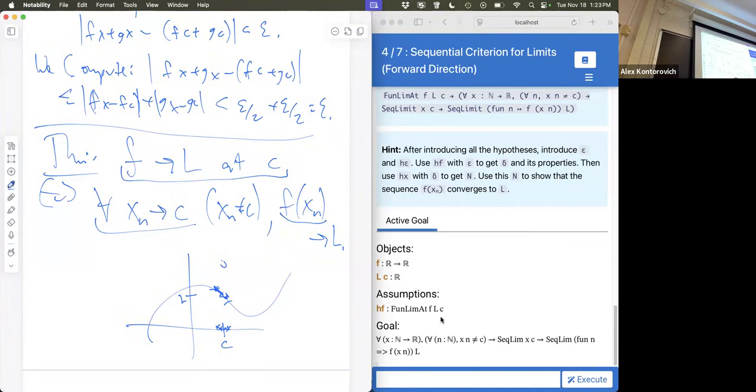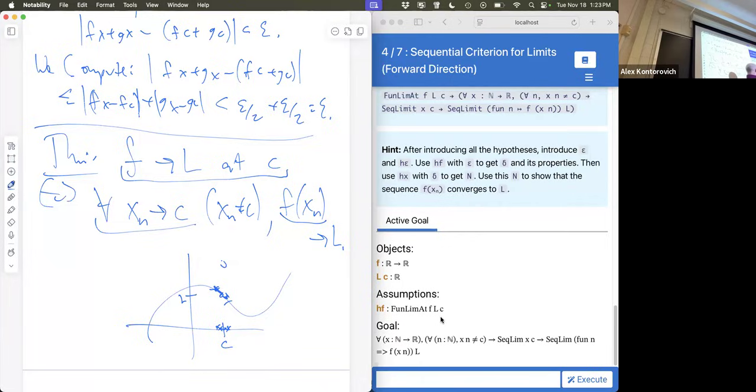Well, let's look at this direction. We have a function f, and two real numbers L and C. We assume that f goes to L at C. Then it says, for any sequence, if I remove this hypothesis, as long as the x's go to C, then the sequence of f of x's goes to L. That might be false, because the sequence you give me could be all C's.